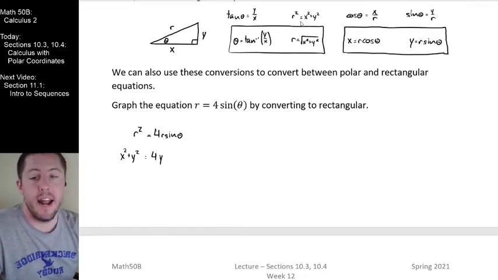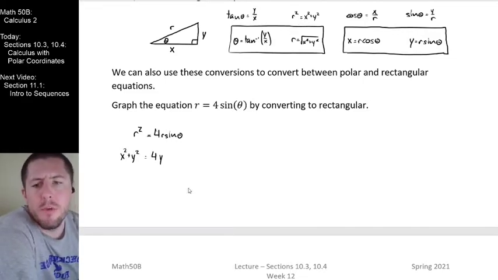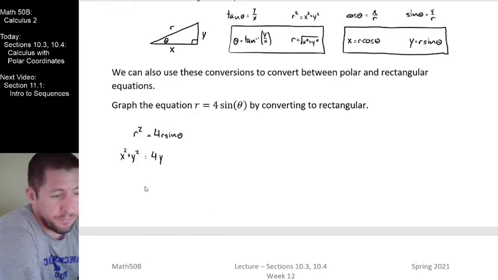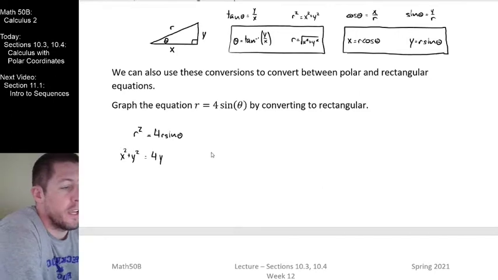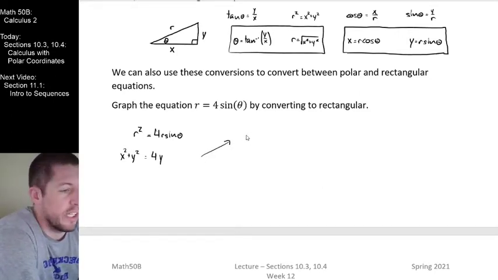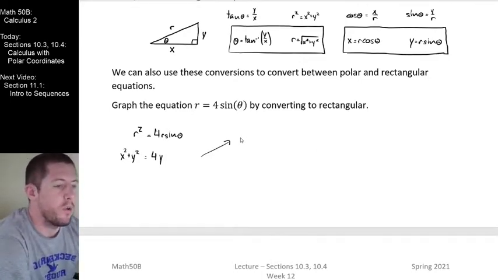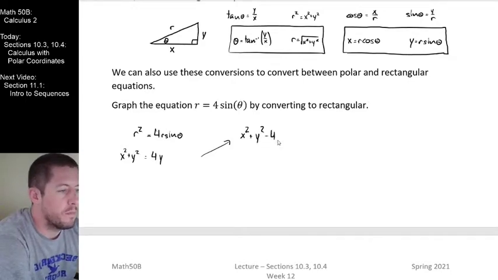The way I verbalize that, I want to group all my y information together and write one collective squared statement. It's pretty typical that we complete the square when we're dealing with these circle-related equations, or ellipses or other conic sections. So I'm going to move all of my y stuff to one side. Now I'd like to complete the square on just the y terms.